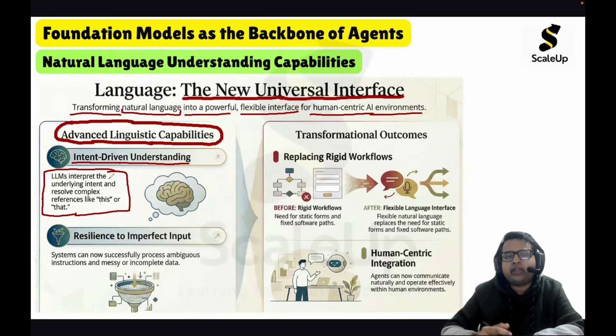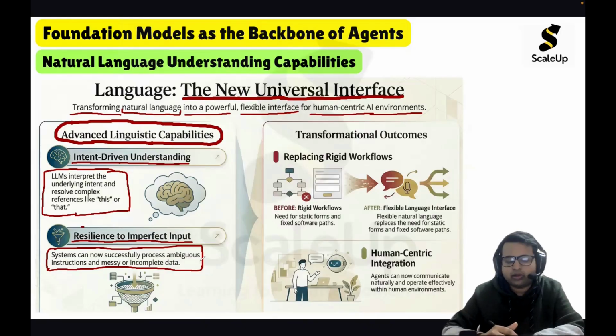Because if very high ambiguity is there, then also to a very large extent it can resolve that ambiguity. Large language models have resilience to imperfect input. So systems can now successfully process ambiguous instructions and messy or incomplete data. So this is something very powerful.